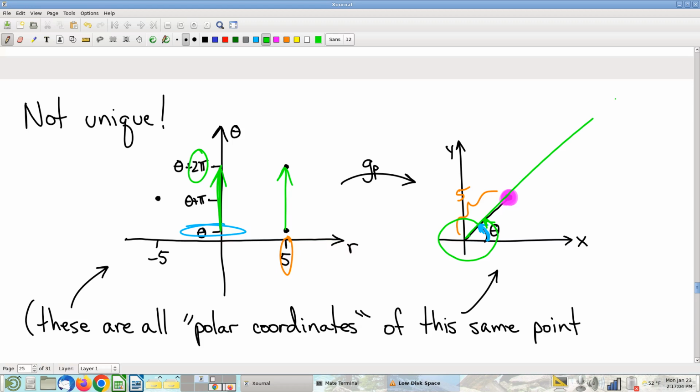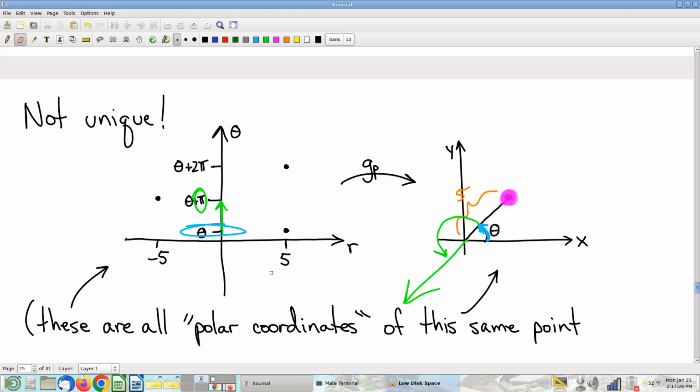Okay, now there's a weirder alternative set of coordinates, and that would be to say, let's add just pi to the angle. That's going to have me going exactly the wrong direction. This direction is pointing exactly opposite the direction I should go.